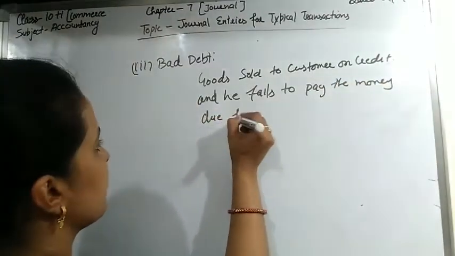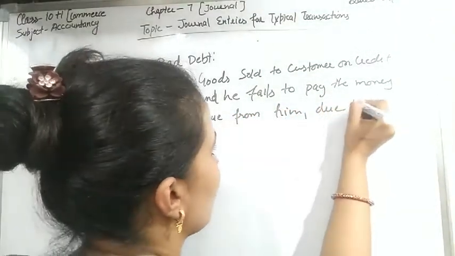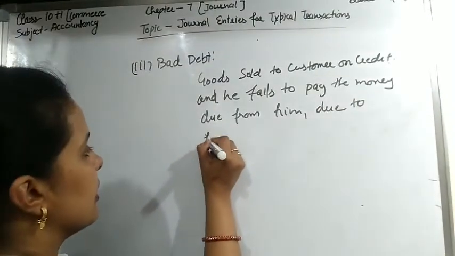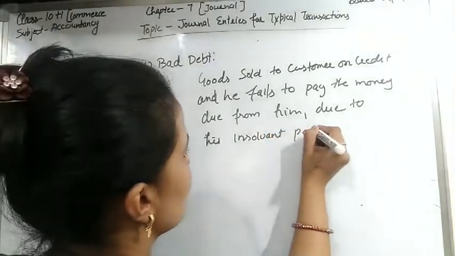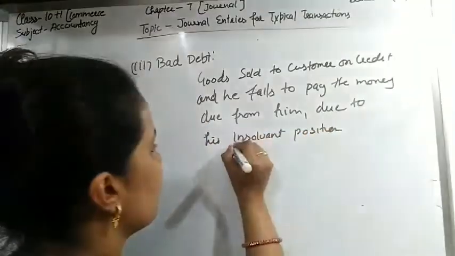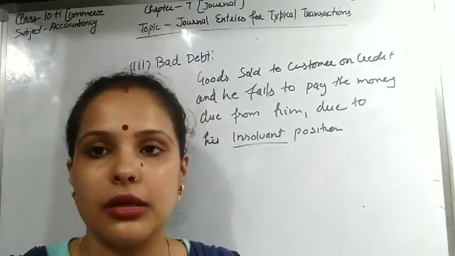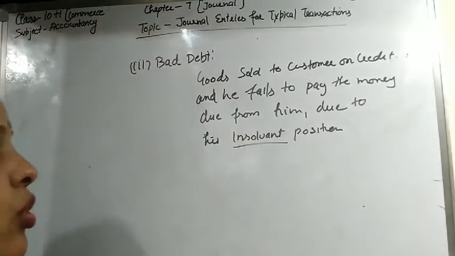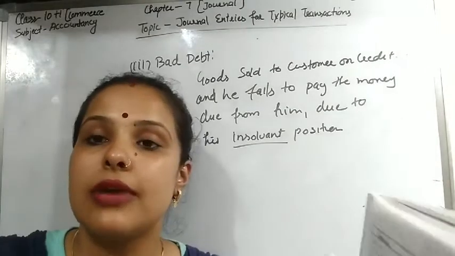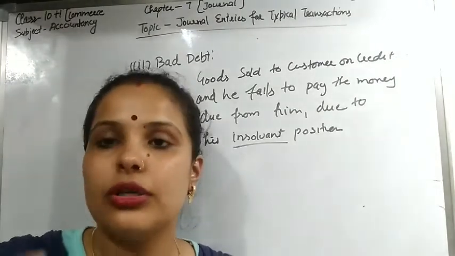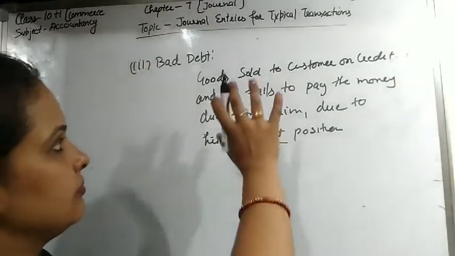due to his insolvent position. Insolvent position is when a person doesn't have any assets to meet his liability, or it can be said that the assets are less than the liability.